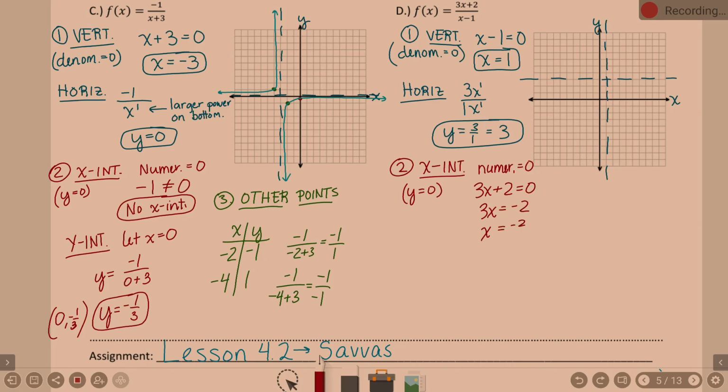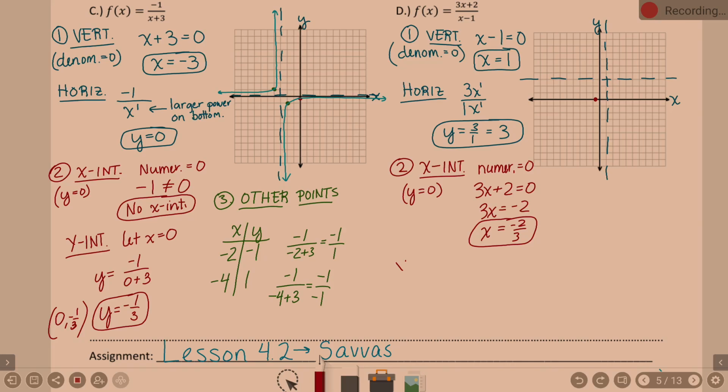X is negative 2/3. It's the only fraction in this one. So where's an x-intercept of negative 2/3? On the x-axis, I'm going to go left 2/3 of the origin. I knew what I was doing, I just couldn't say it. Okay. And that's of the origin, yes.